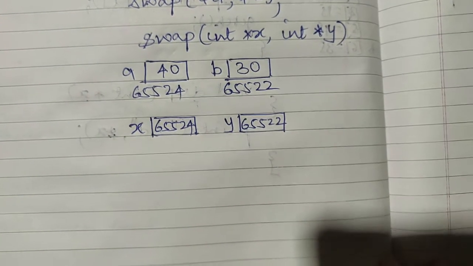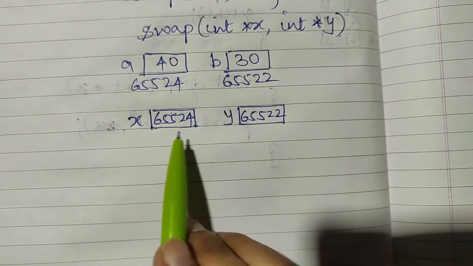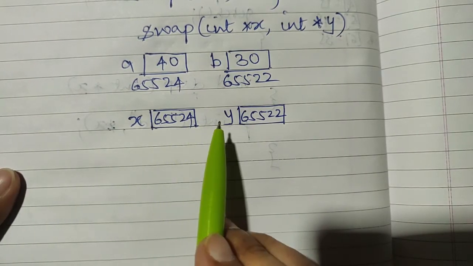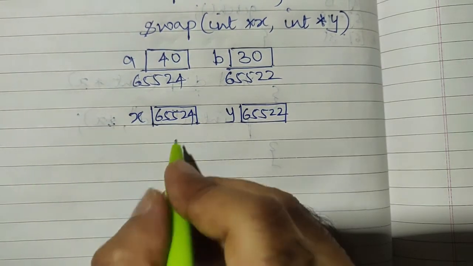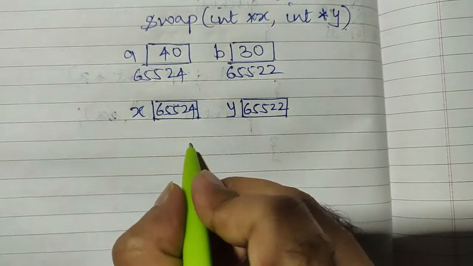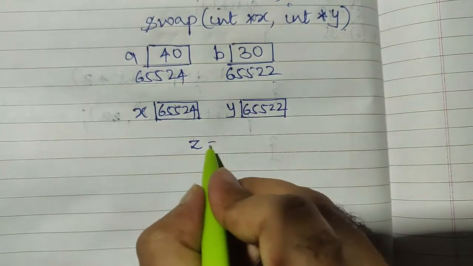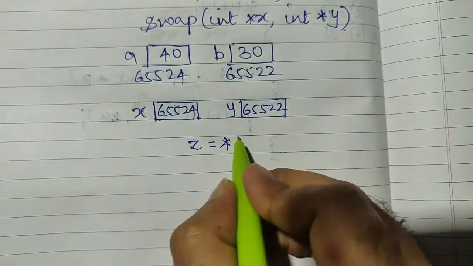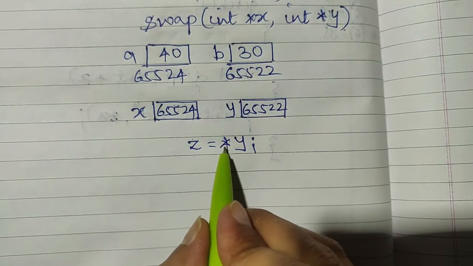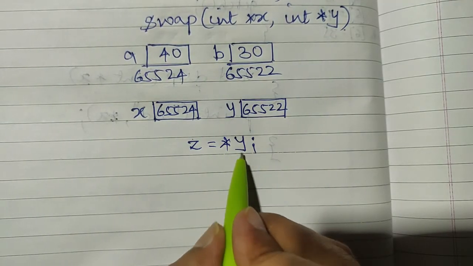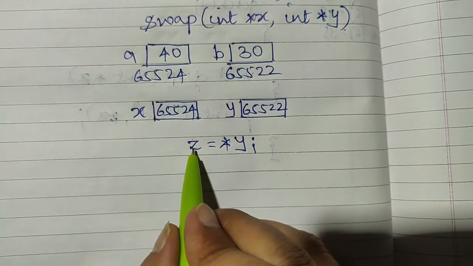Now, when you use the instructions to swap the values of x and y, basically you are going to use instructions like this. I'll use an extra variable z, and when I write *y, this means the value at the address that is there in y is loaded in z.